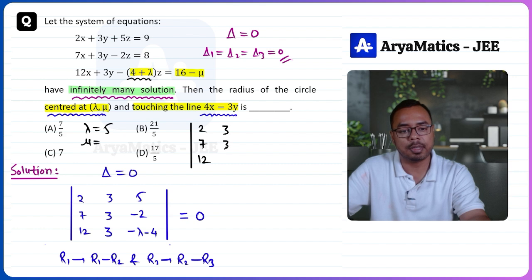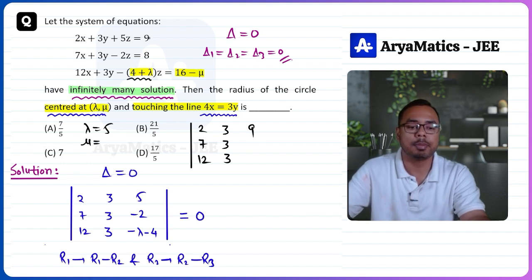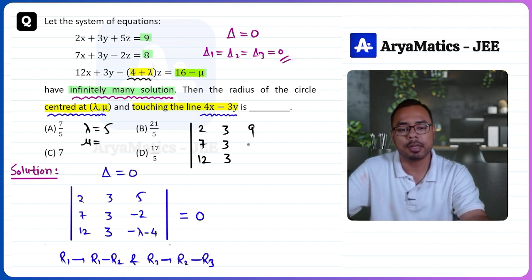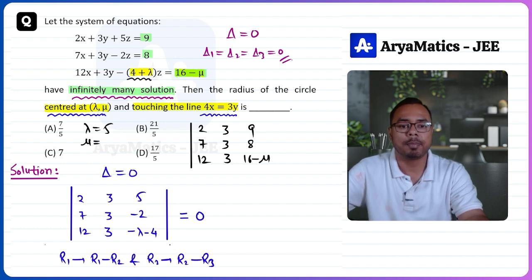Then we have 3, 3, and 3. And the third column will be 9, 8, and 16 minus nu, because the third column is replaced by the constants on the right hand side. This will be delta 3, and this must be 0.